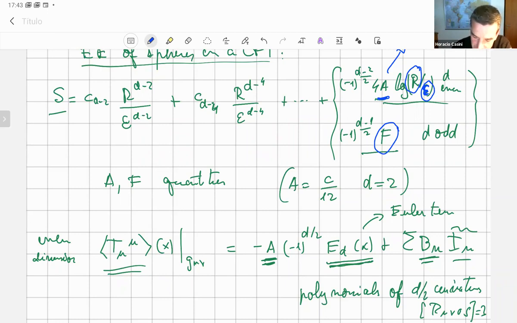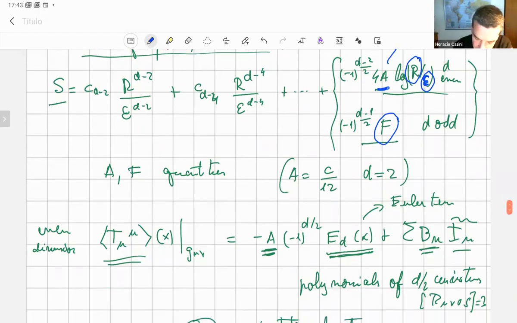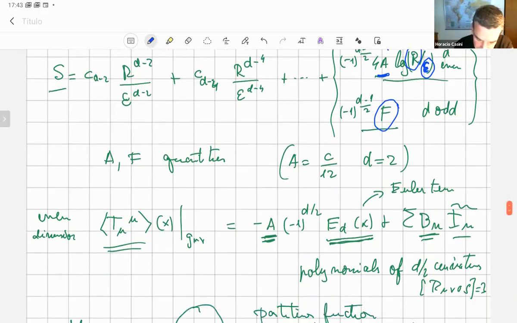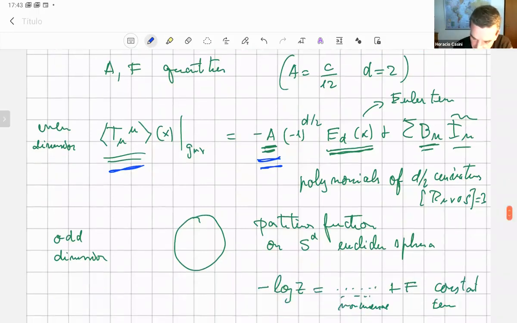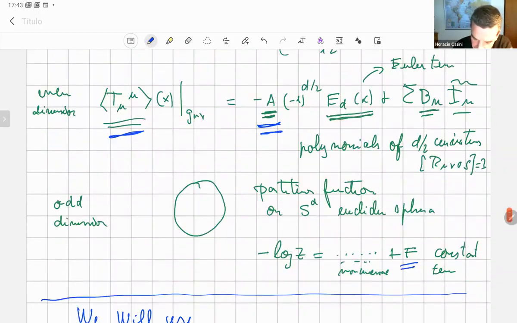So this is the reason why A is given by an anomaly that you can obtain by expectation value of the stress tensor in a manifold, but you can also obtain the same number from the three-point function of the stress tensor, for example. So it's a quantity that you can obtain, I wouldn't say easily, but it's related to correlators. While this F thing, you need something global for this.